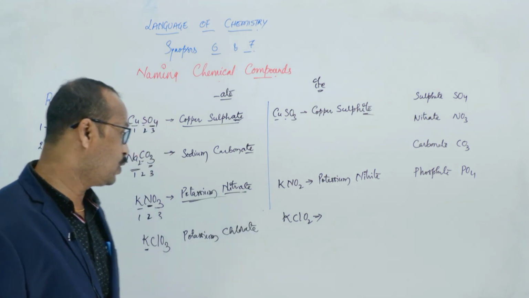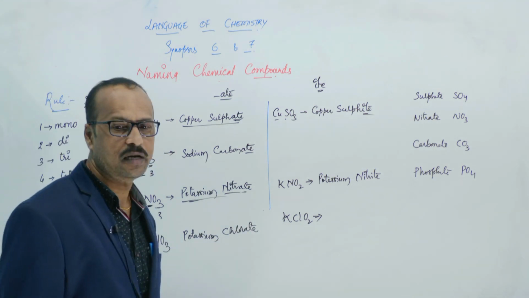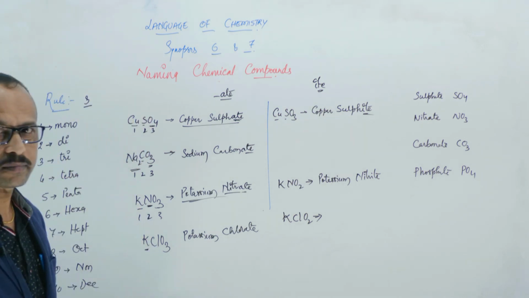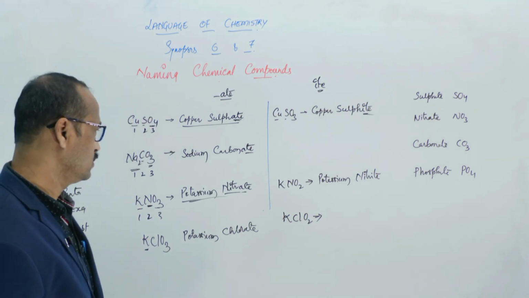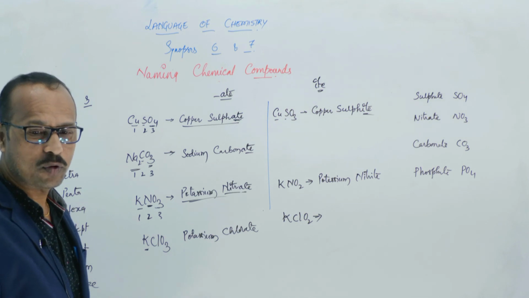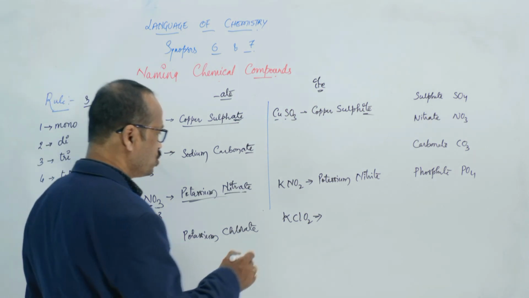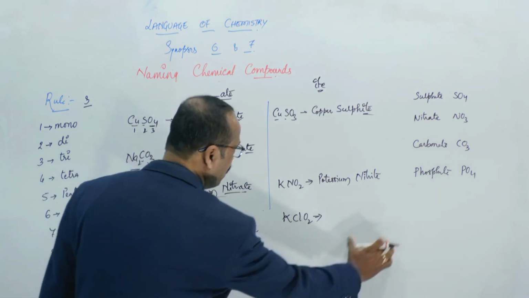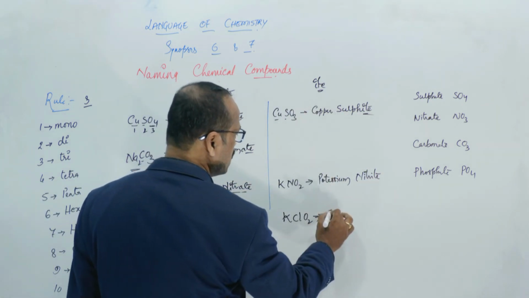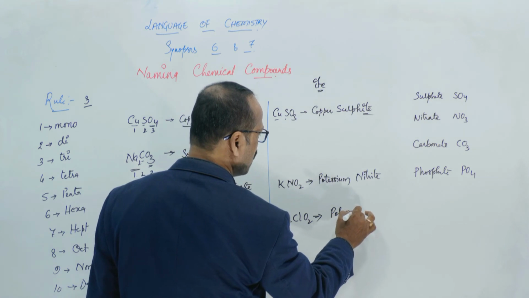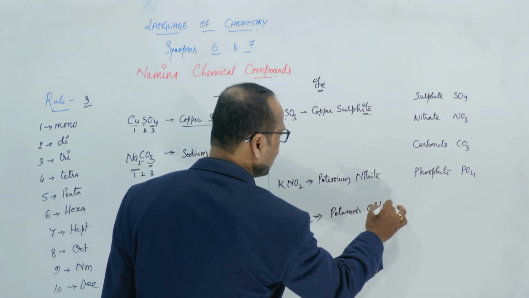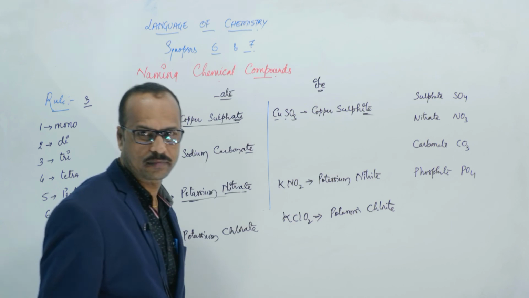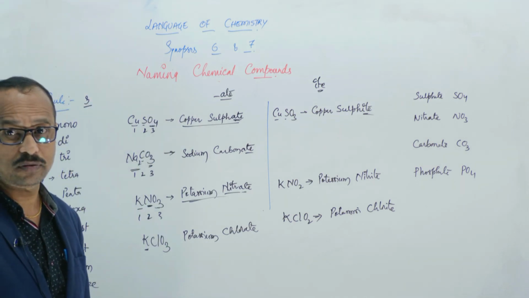Now I want KClO2 because just 1 oxygen is less. Come on students, tell fast. Little louder. What happened? So the same name, 1 oxygen only less, same name, but that should end with ite. So this is called potassium chlorite. Clear? Chlorite. Any doubt?